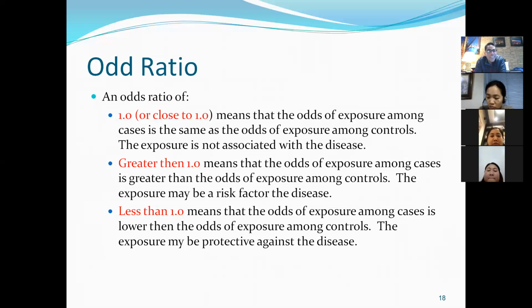Now, when the odds ratio is less than 1, it actually means that the odds of exposure among cases is lower than the odds of exposure among controls. And therefore, the exposure, instead of being a risk towards the development of the disease, is actually protective against the development of the disease.